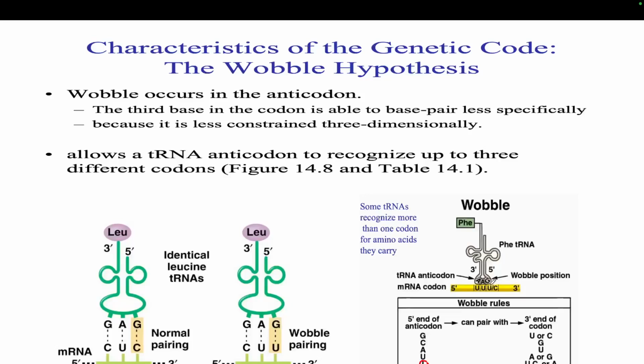The third position of the codon is called the wobble position, and because there is less constraint, it can base pair with other bases also. So inosine can bind with three different types of bases. Apart from that, G and U can bind with two different types of bases. That you can also remember.